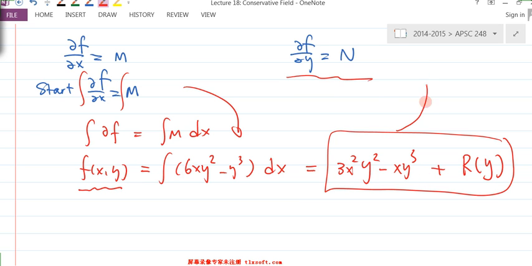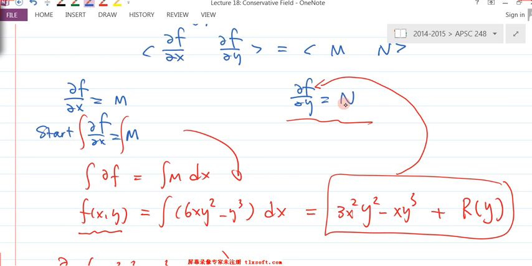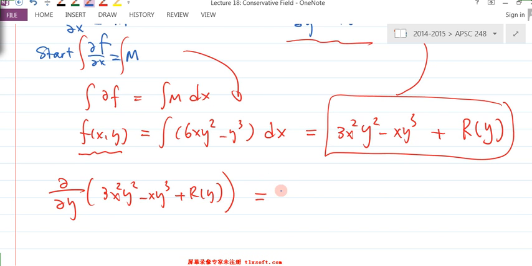Now I'm going to take the partial of this whole chunk with respect to y, and I'm supposed to get N. N is known, and that's 6x squared y minus 3xy squared.